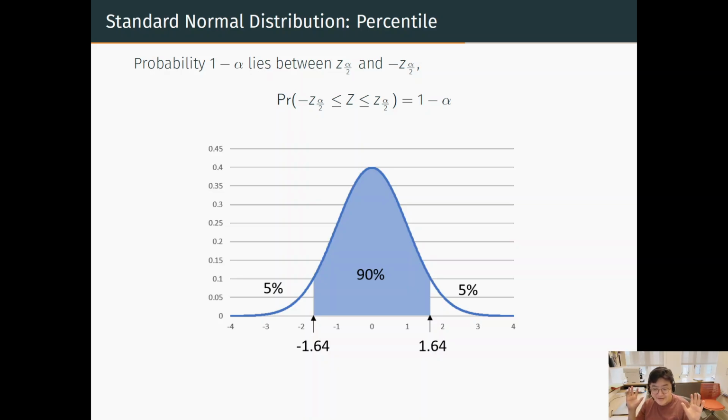You get it? It's getting confusing, but just follow step by step. Z subscript alpha is the top alpha value, and then we are dropping the tail probability alpha from the top, but we actually wanted to start from the middle probability.